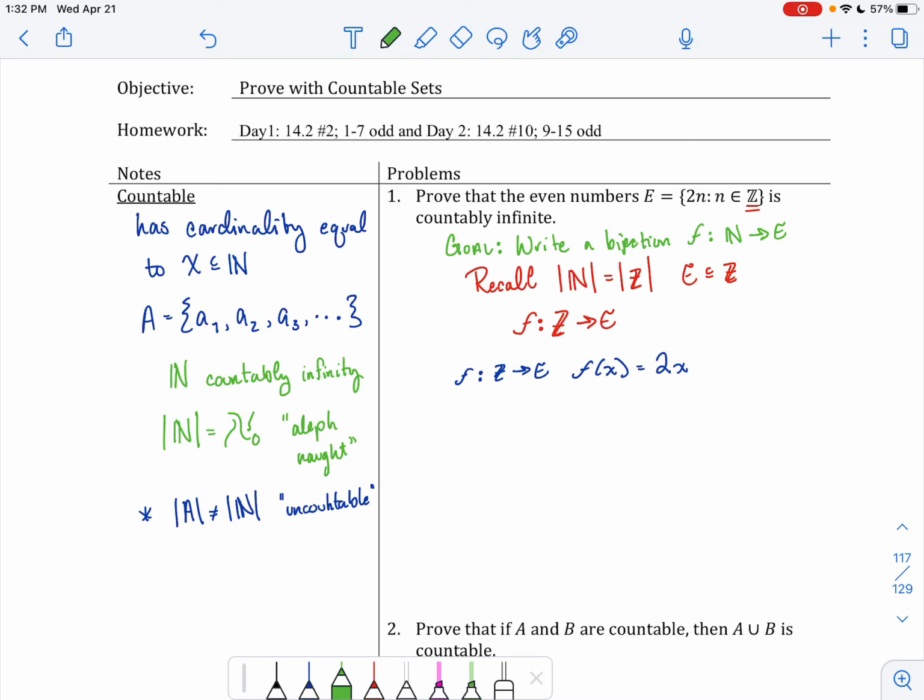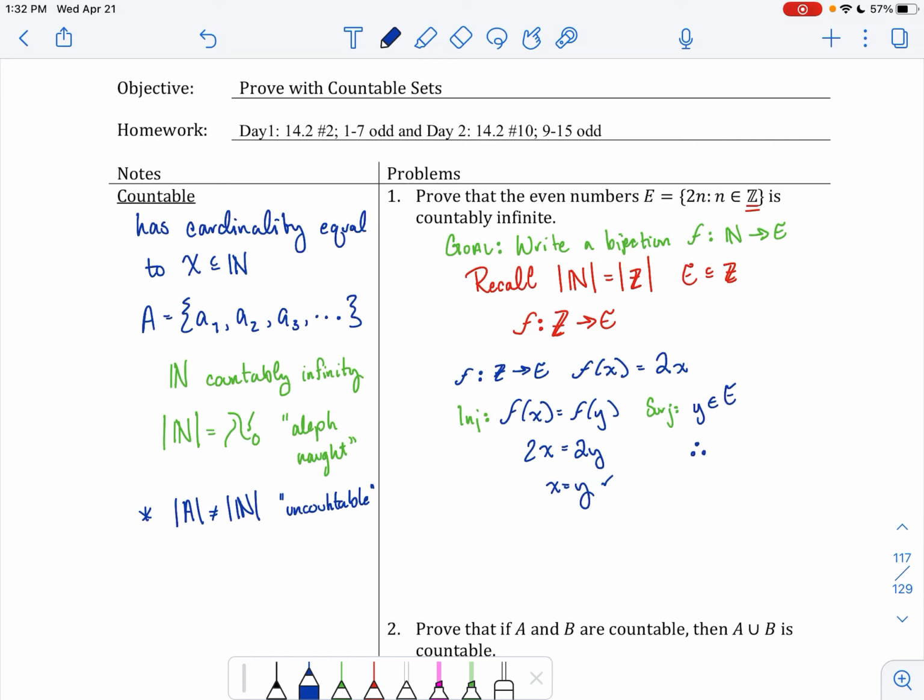Now, to show that it is injective, remember we just say f of x is equal to f of y, and we want to prove that x equals y. So 2x is equal to 2y, x is equal to y. Excellent. We know it's injective. We then need to show it's surjective, which means that we want to say that y is some element of the even numbers.